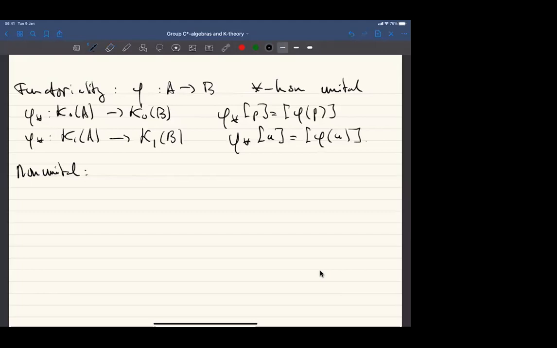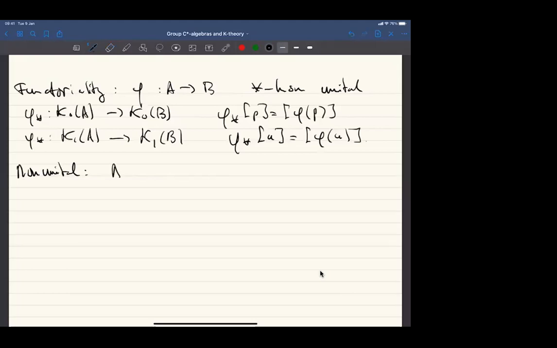So if we have a non-unital algebra, and by that I mean a unital algebra is also a non-unital algebra, so in fact what I'm going to say will apply now to any C-star algebra.